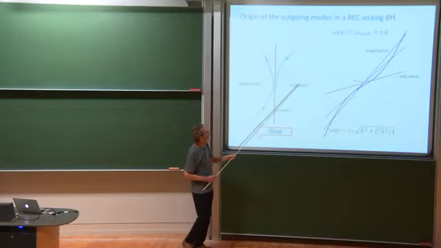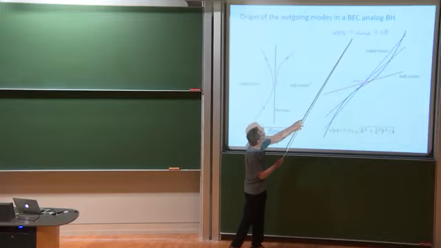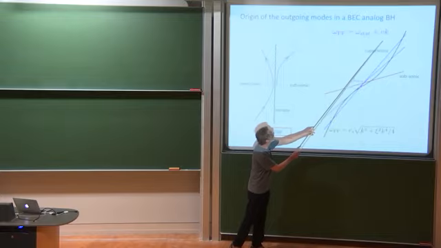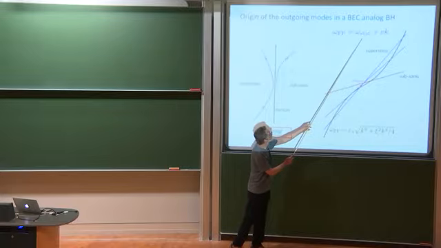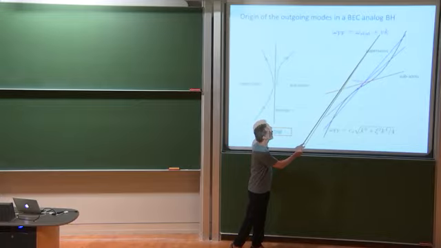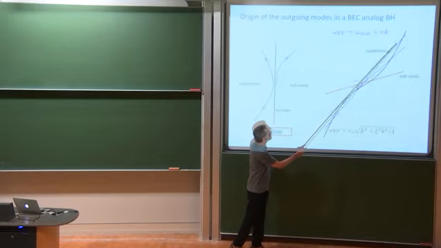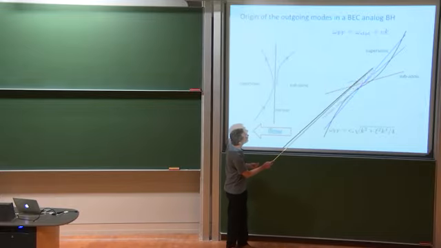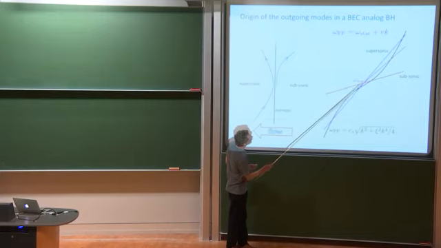So this defines a straight line with intercept given by that static conserved frequency and slope given by the velocity of the flow. I've plotted here three of those lines: one subsonic, one supersonic, and one that is still supersonic, but tangent to the curve right there.